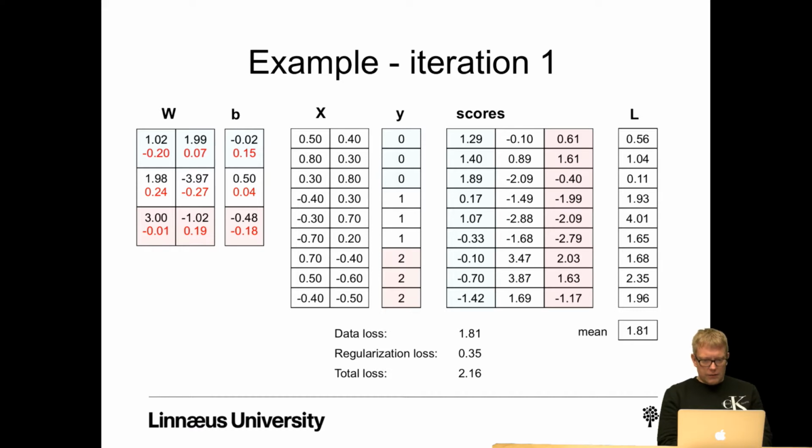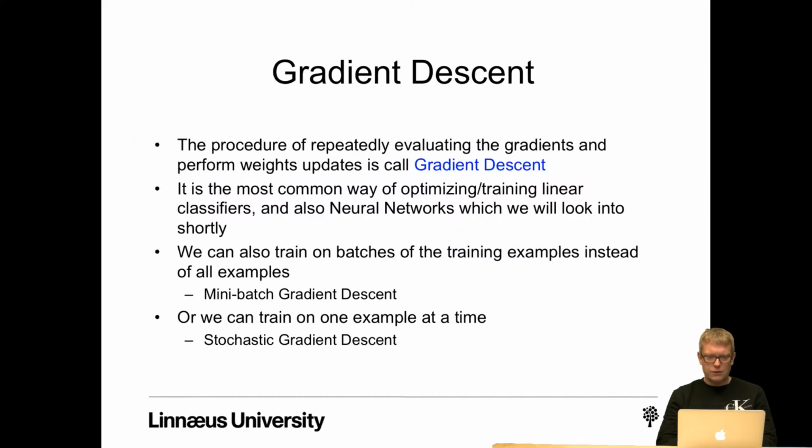And now we have a new set of weights, and we have a new change in weights, how the weights should be updated for the next iteration, and we see that the total loss was reduced from 2.19 to 2.16, the data loss from 1.84 to 1.81. And this procedure of repeatedly evaluating the gradients and performing weight updates is called gradient descent.